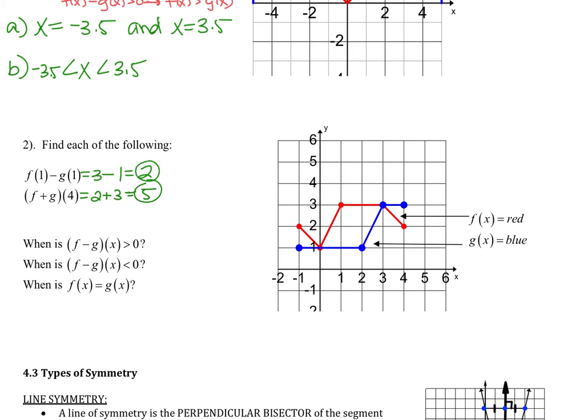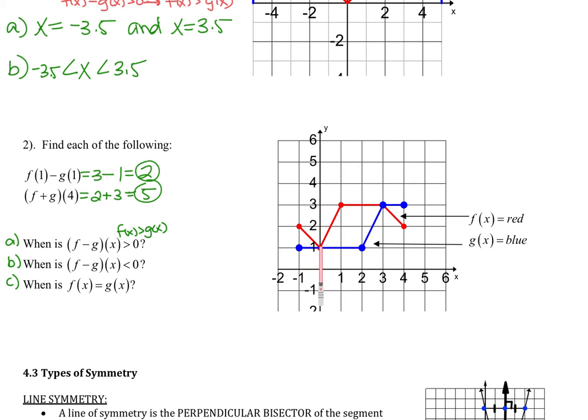Okay, the next pieces here, I'll label them A, B, and C again just in case I run out of space. So we're looking for when f minus g of x is greater than 0. So again, that's when f of x is greater than g of x. So that's going to be from here to here.